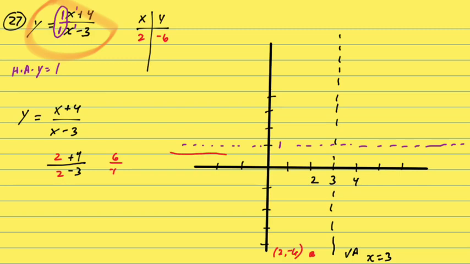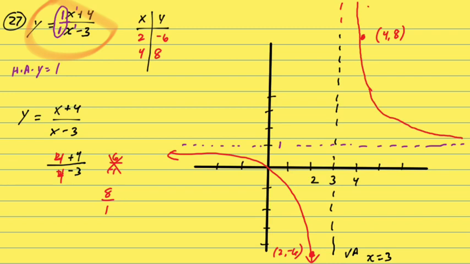And again, it has to curve asymptote to asymptote. If I put in a 4, what would that give me? 8 over 1. So I think if I put in a 4, I get out an 8, which is obviously above the horizontal asymptote of 1. And you make your curve from asymptote to asymptote.